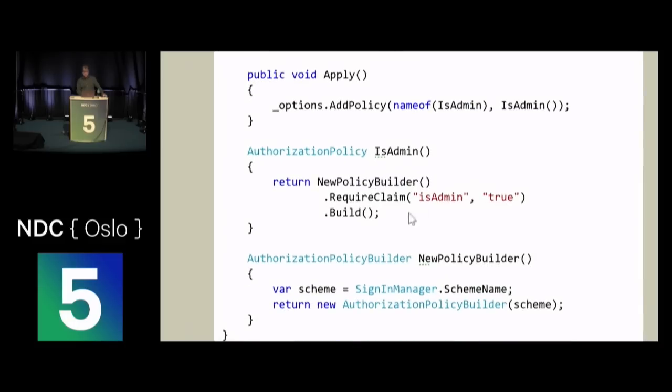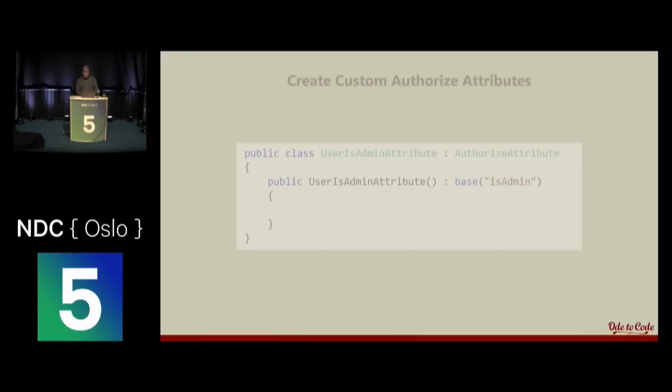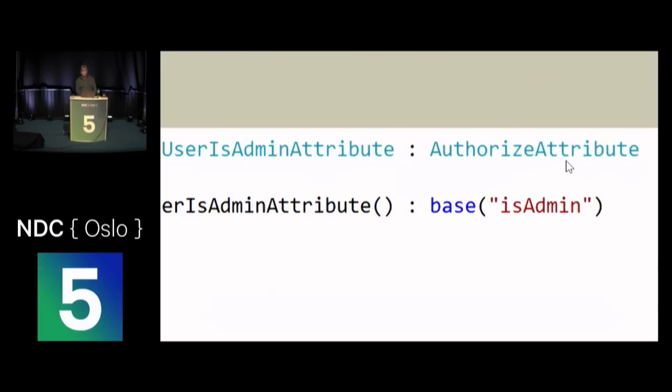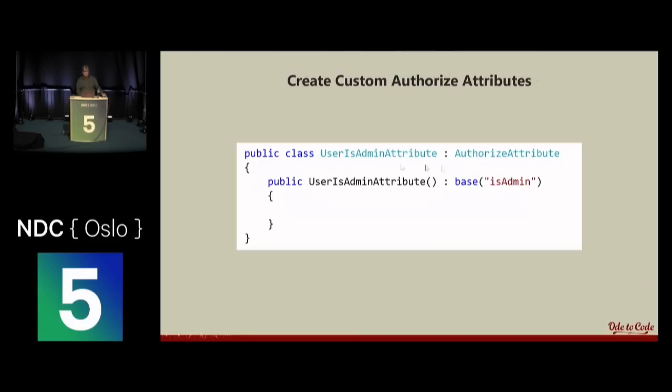So this is going to create a policy named isAdmin, and the policy will require a claim for a user that isAdmin equals true. So I now have a policy that I could apply either using the authorize attribute and specifying policy equals isAdmin, or building my own custom attribute, user isAdmin, which derives from authorize and specifies the policy name.